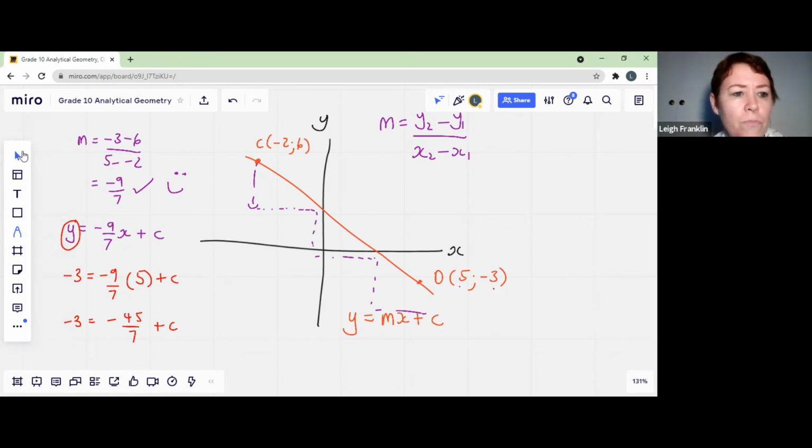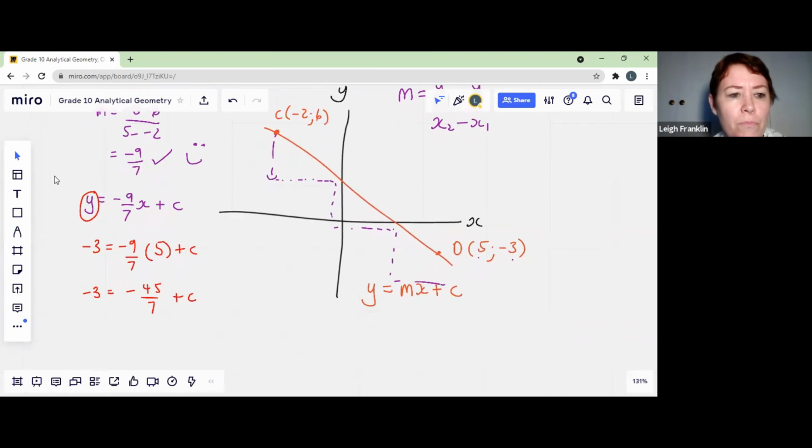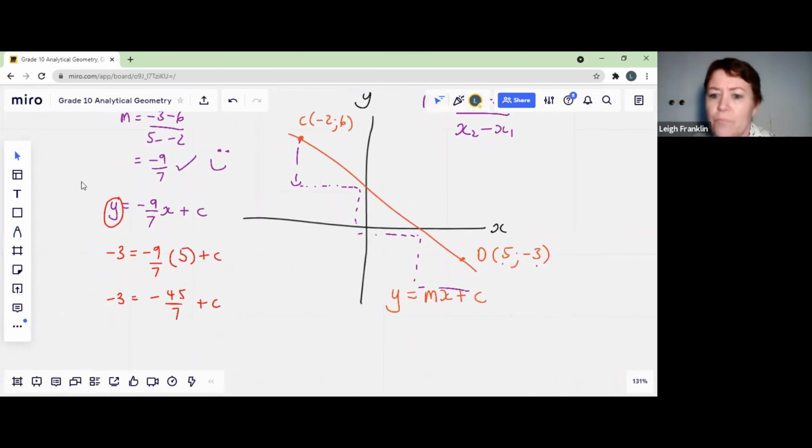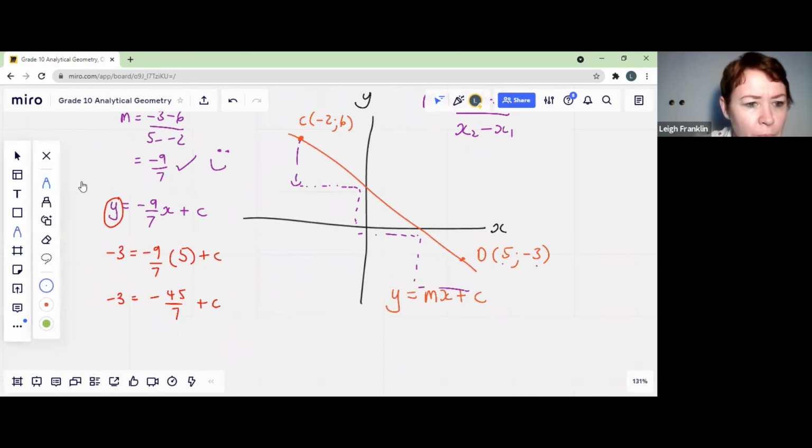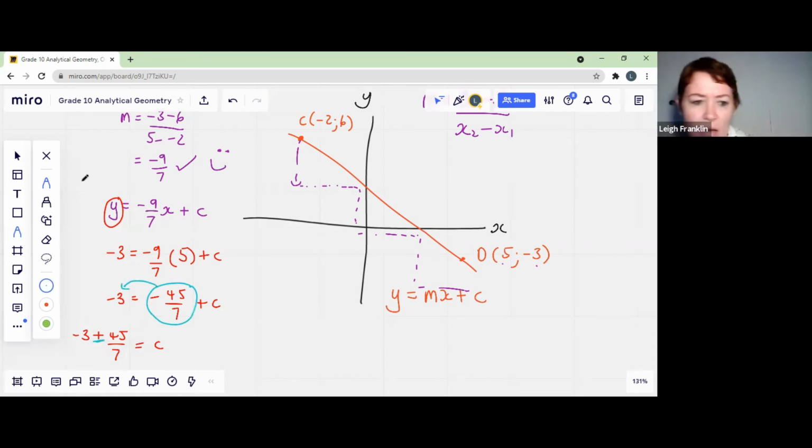I'll cross the -3 to the other side and make it c is equal to -3 plus 45 over 7. Exactly. Because the -45 over 7 went over to the other side, that's why we had to change its sign.